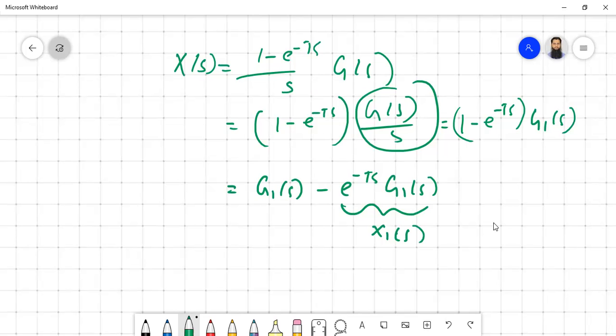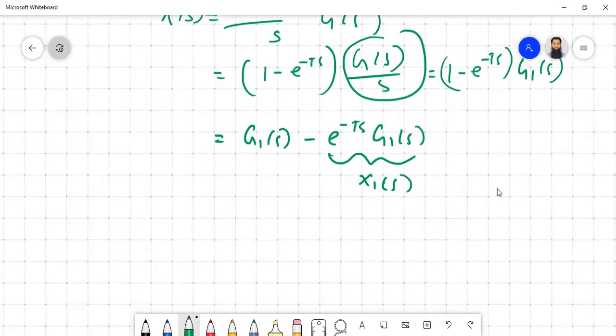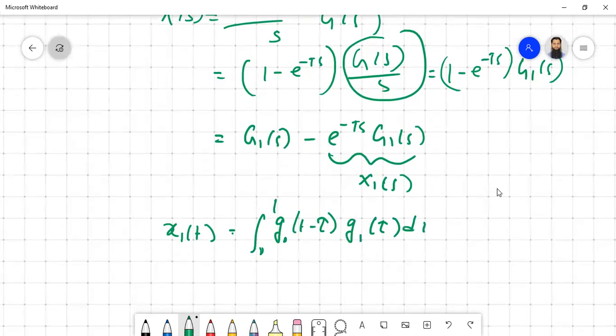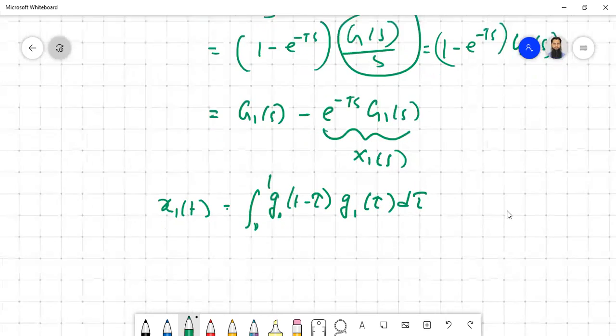So what you can see is that this is nothing but a delay, isn't it? So X1(t), if you want to figure out what is X1(t), is the integral from 0 to t of G0(t minus tau) G1(tau) d tau. Using the convolution integral, this is what you can write.